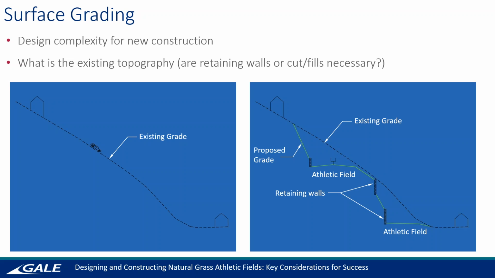And this is just what could possibly be done. You would do some sloping, some terracing, some retaining walls, and you'd be able to put fields in as you go from the existing grade to the proposed grade.